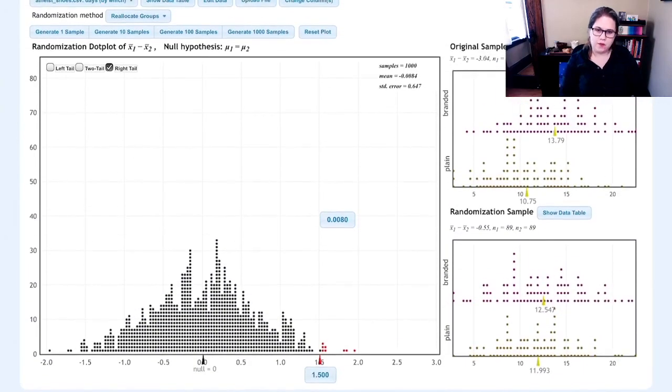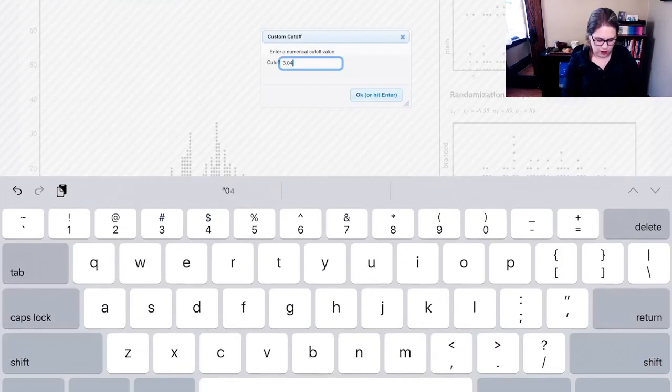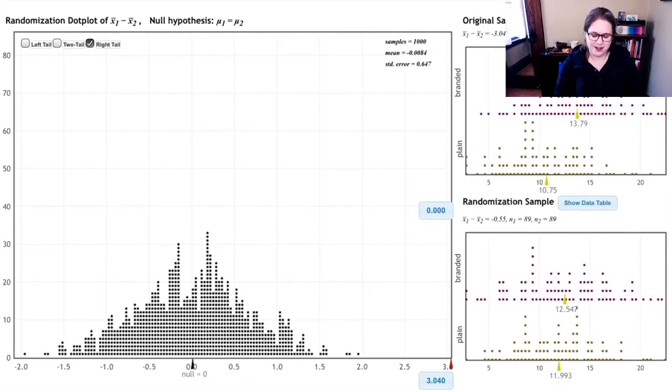Okay, and my p-value would have been 0.008. So the p-value that you get depends on the observed statistic that you saw. I'm going to put this back to 3.04, and I will put a screenshot into my notes. All right, so here we are. Our p-value was approximately 0.